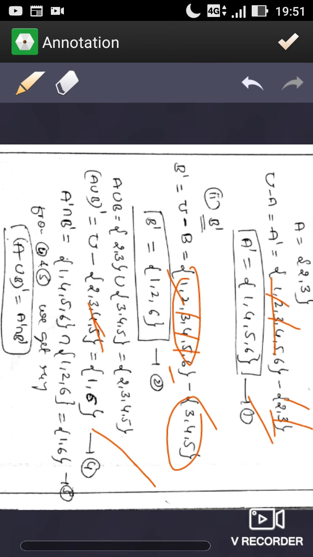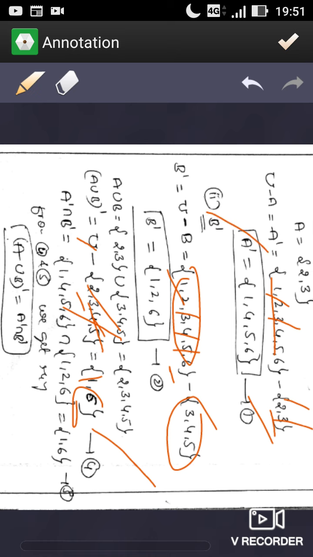Next, the complement of A union B. The union set contains elements 1 to 6. 1 is not present, 2 3 4 5 are present, and 6 is not present there, that's why we write 1 and 6 here. Next, A complement intersection B complement.